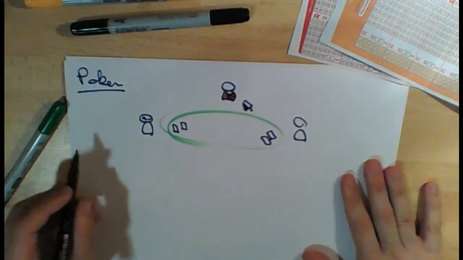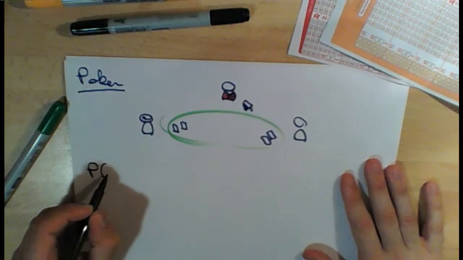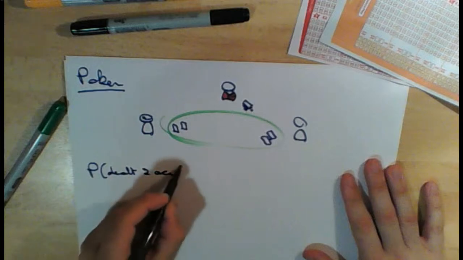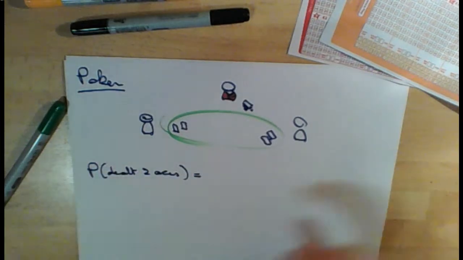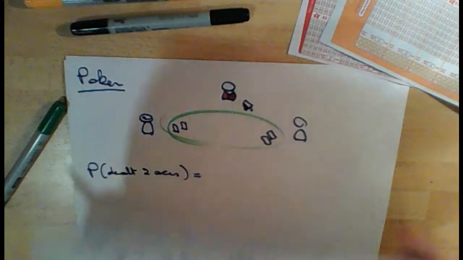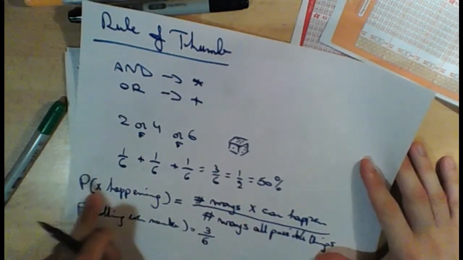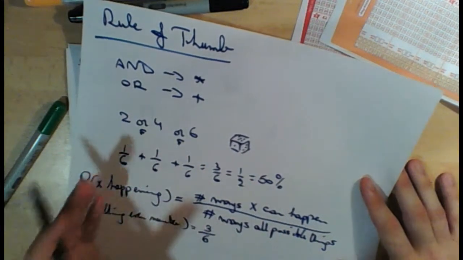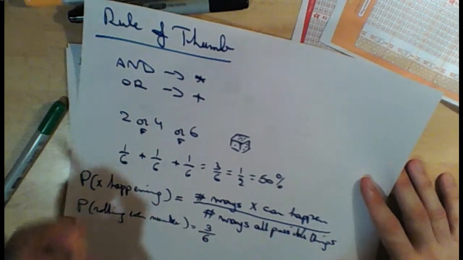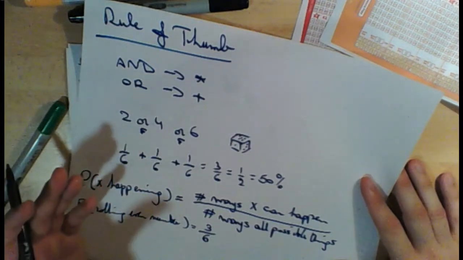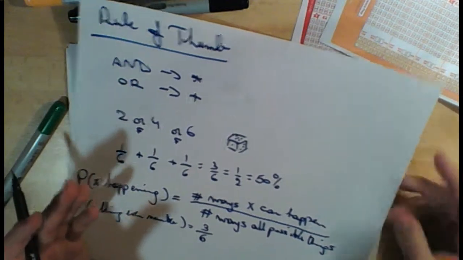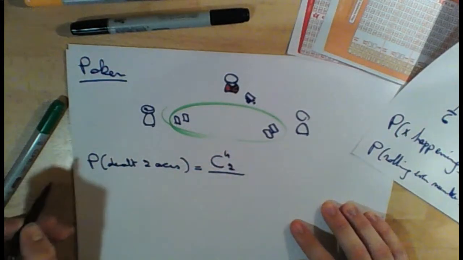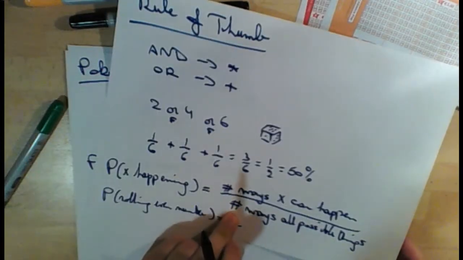So the probability I get dealt 2 aces. Well, I'm going to use this formula here. What is the probability of X happening? The number of ways that X can happen. How many different ways can I be dealt 2 aces? Well, there's 4 aces in the deck, and I get dealt 2 of those. So it's combination 4 choose 2. And what are all the possible things that can happen?